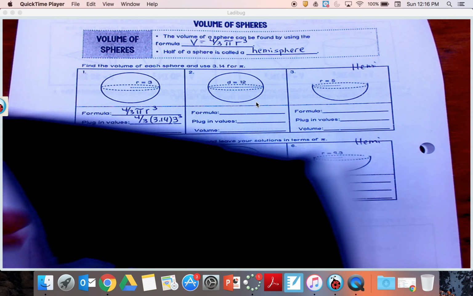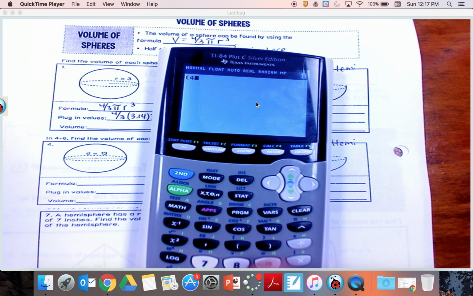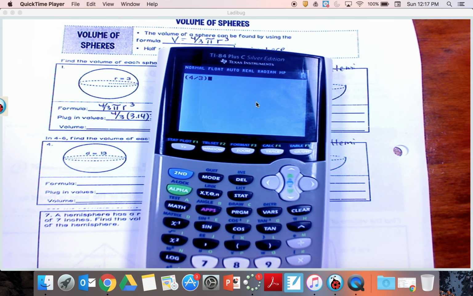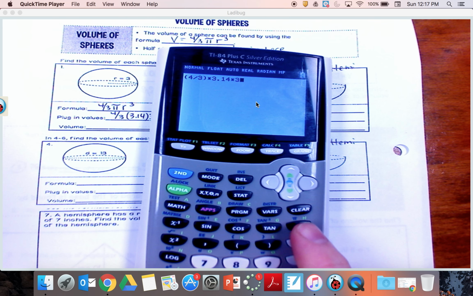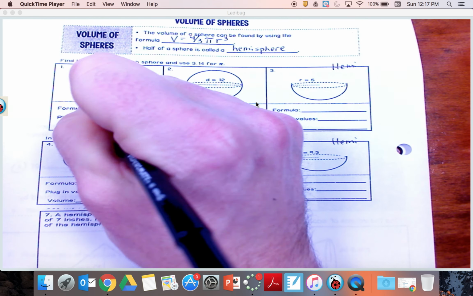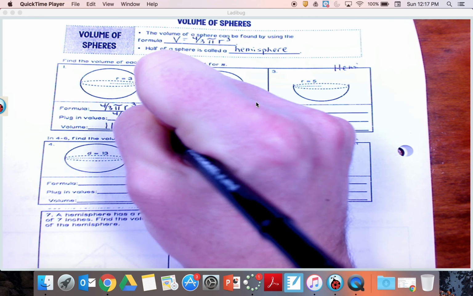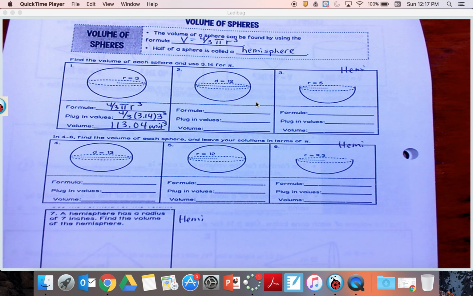I can put that all into my calculator: 4/3 in parentheses times pi times my radius, 3 to the third power. So I hit the caret key above, underneath the clear, and 3. When I get my answer, I get 113.04, and this would be units cubed. So that's how much stuff this sphere holds.